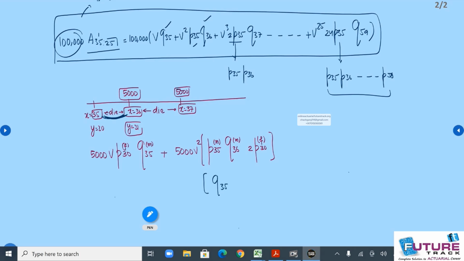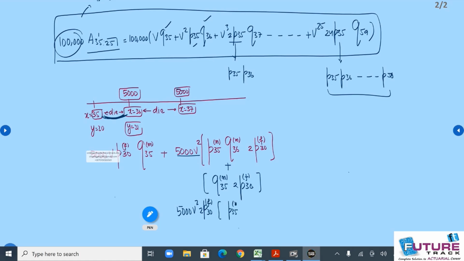If Q35 male dies within the first year and the female is alive for 2 years, then also the 5,000 is given. Yes or no? So class, we can take 5,000 V square 2P30 female common. We are left with what? Q35.